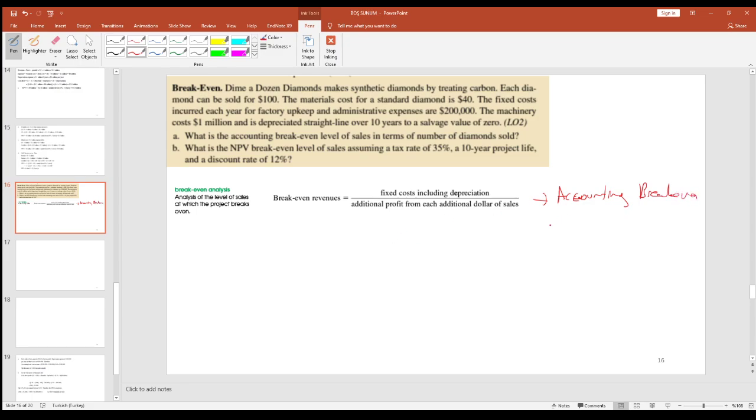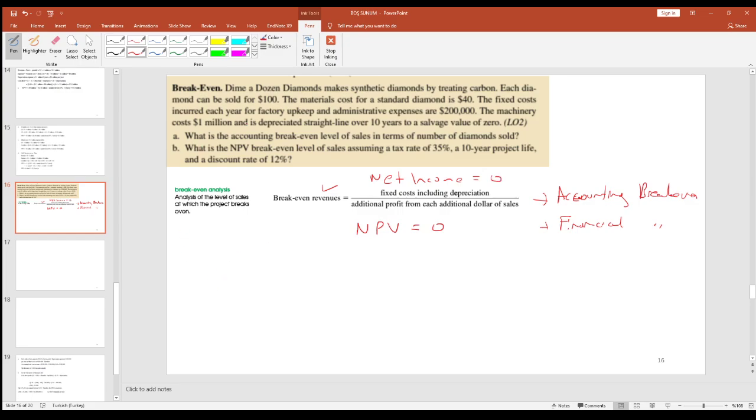And the second one is the financial break-even. Financial break-even is where net present value equals 0, and accounting break-even, you may either use this equation or simply say where net income equals 0.